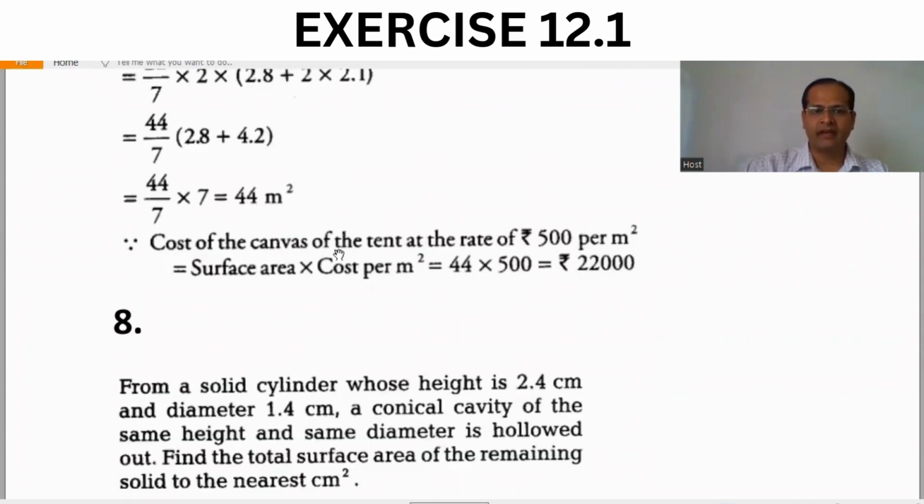The cost of the canvas at the rate of 500 per meter square is the surface area into the cost per meter square, so 44 into 500, which is a total cost of 22,000 rupees.